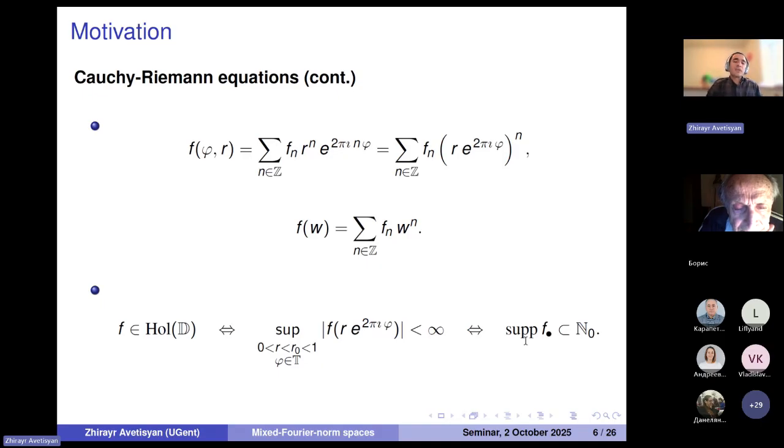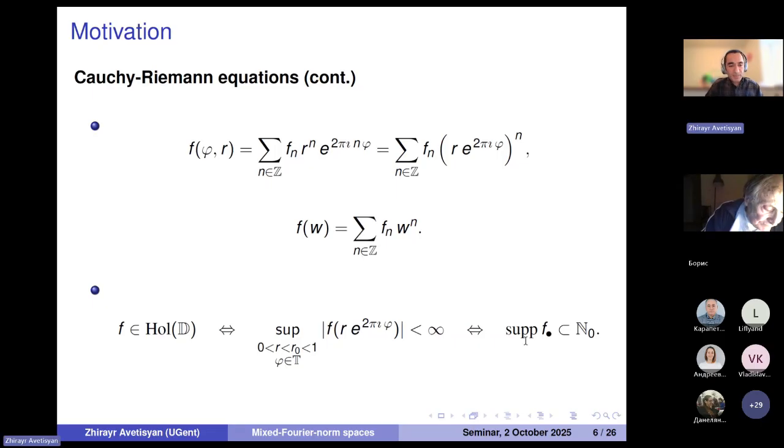If you have an isolated singularity or an isolated point, a function holomorphic in a neighborhood of an isolated singularity is holomorphic, including the point, if and only if it is bounded there.